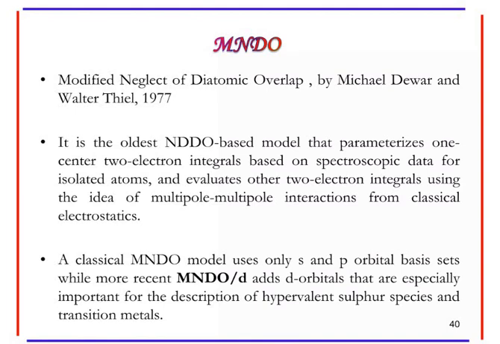The classical MNDO models use only s and p orbital basis sets, while more recent MNDO/d adds d orbitals that are especially important for the description of hypervalent sulfur species and transition metals.